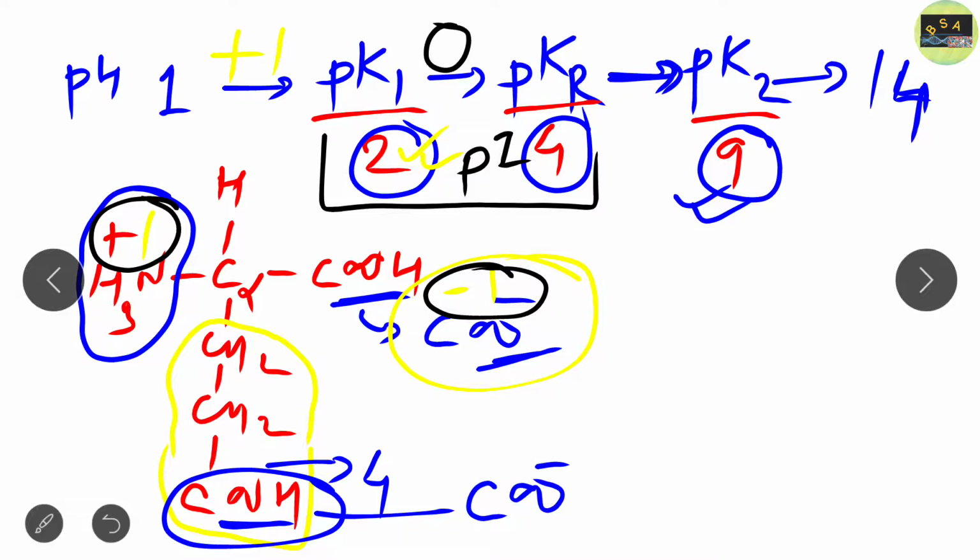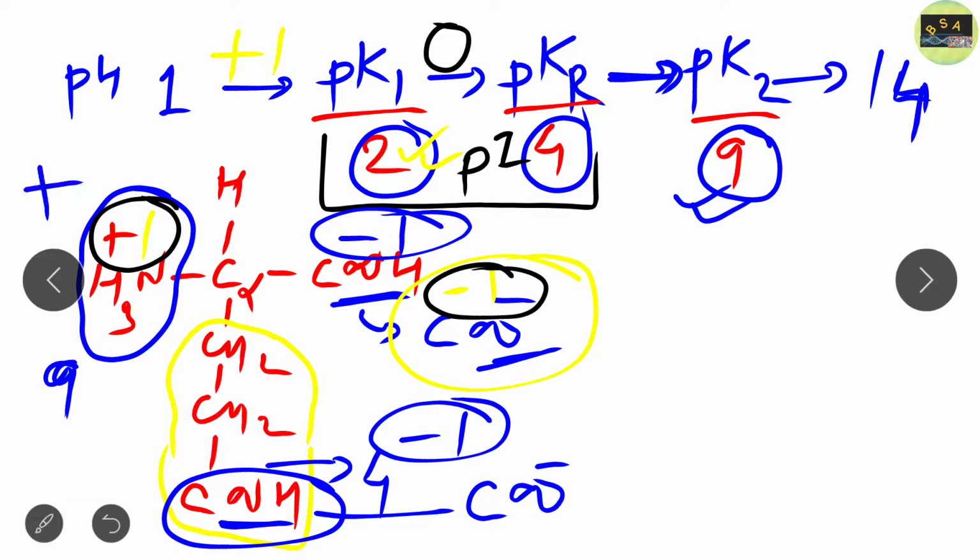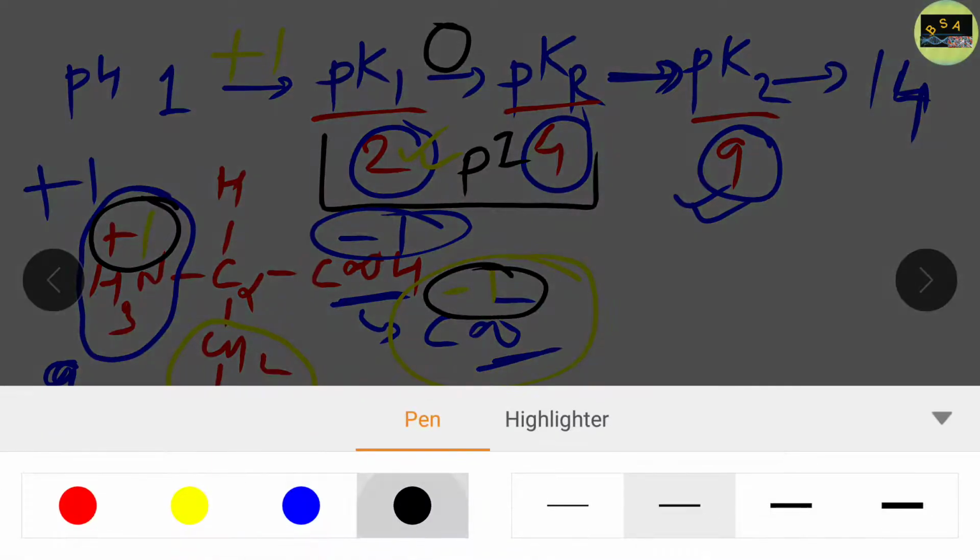It will remain as plus 1 because the value is 9, so it is affected only when we move above 9. So from pKr to pK2, here is minus 1, here is minus 1 and here is plus 1. So the charge becomes minus 1.